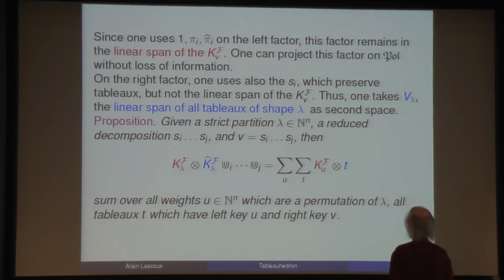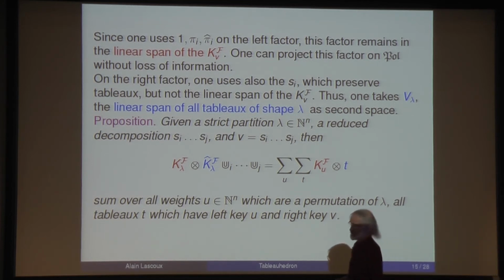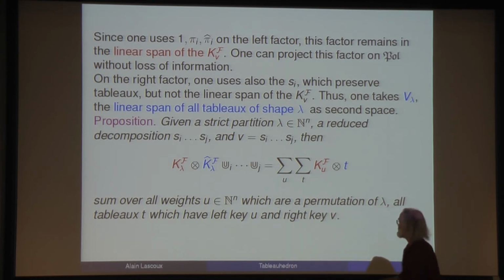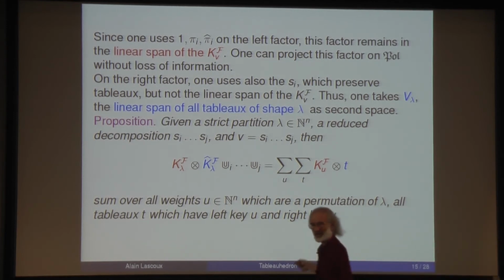And I obtain tableaus, and the statement, which is easy to prove as a matter of fact, is that the tableaus that you have on the right are all the tableaux which have a left and right given key. So the left key is the index, this U. I denoted keys by either vectors or tableaus and so on.